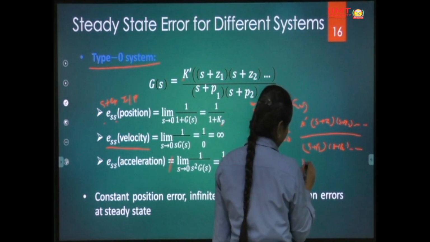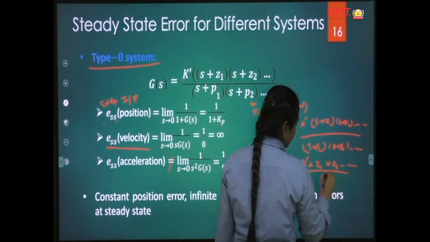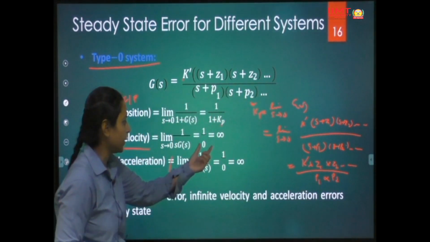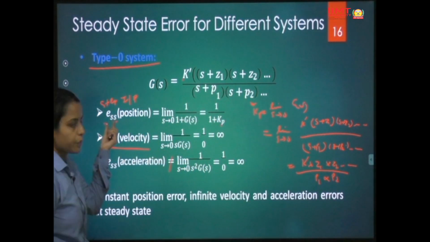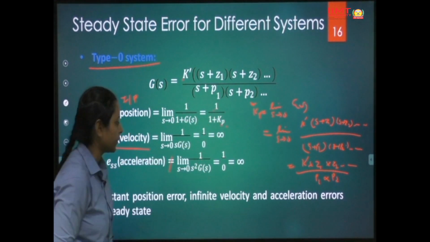So we would have k dash into z1 into z2 upon p1 into p2. So we have some finite value of Kp. So here the position error value will be equal to 1 upon 1 plus Kp.